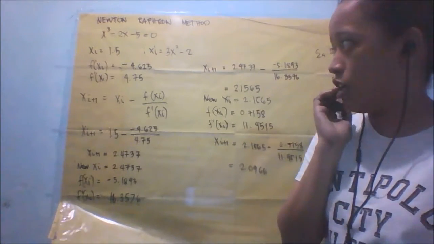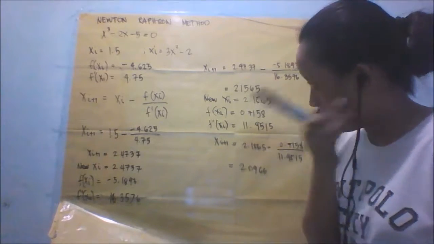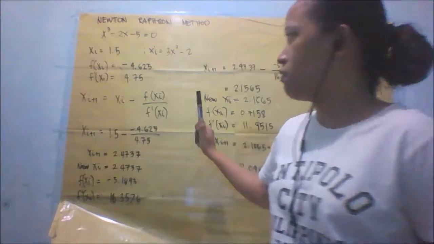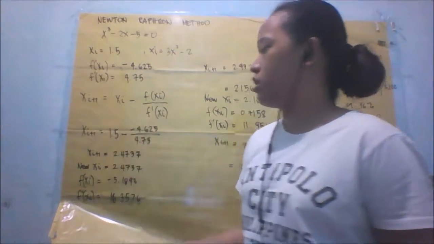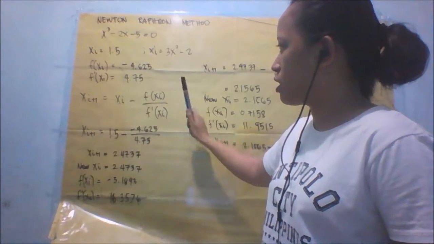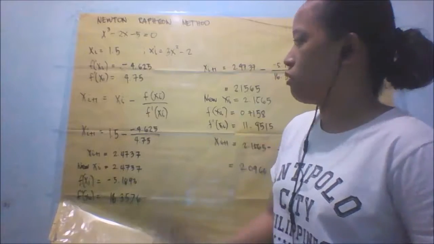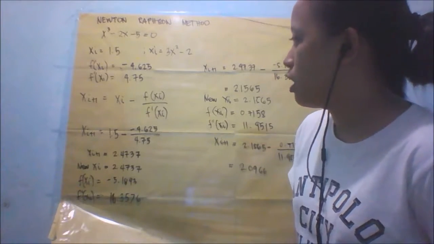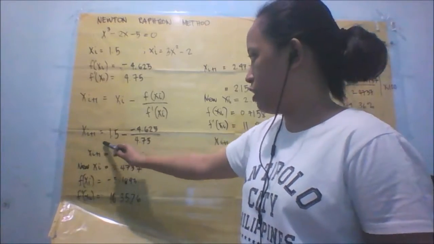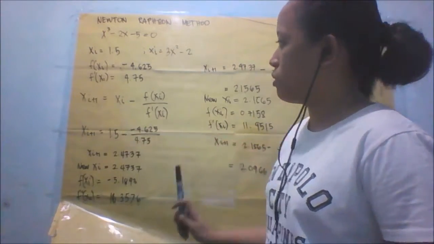Then solving the xi plus 1. It's the formula for solving xi plus 1: xi minus f of xi over the first derivative of f of xi. Substitute all the values in our formula.